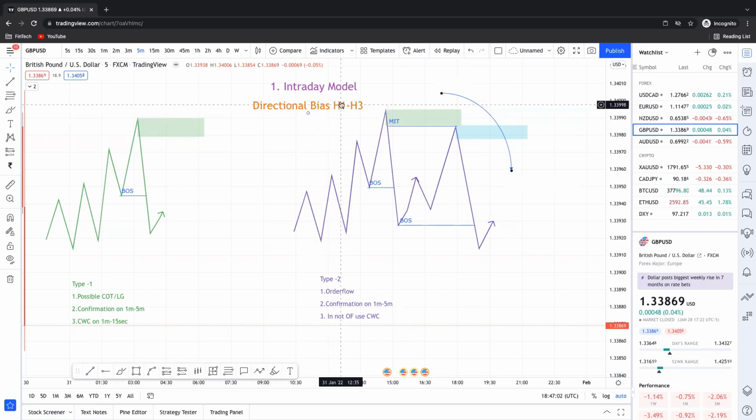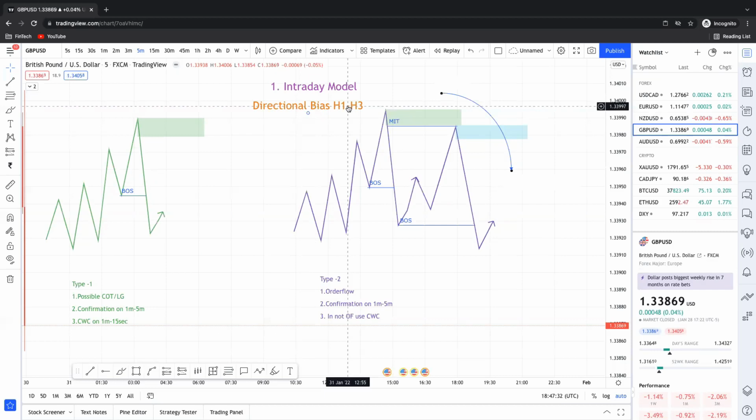So generally I go with H1, but you need to pick a time frame which is clearer. Because time and price are two different dimensions, so they don't know each other. Price doesn't know time, time doesn't know price. So whichever makes sense, you can use that time frame. You can use M15 sometimes as well, that's okay, but don't go below M15.